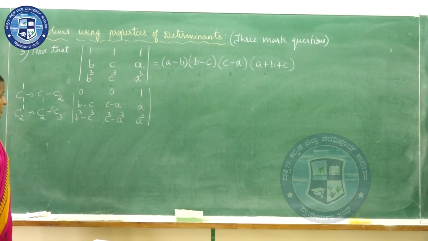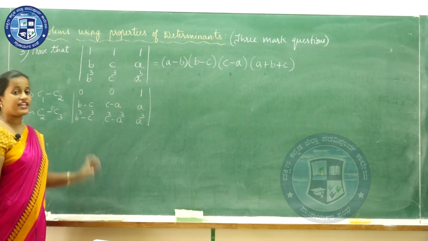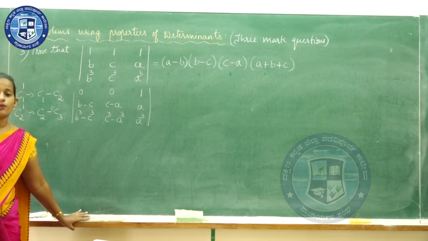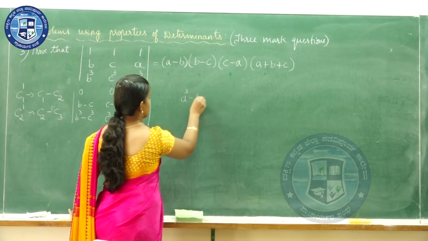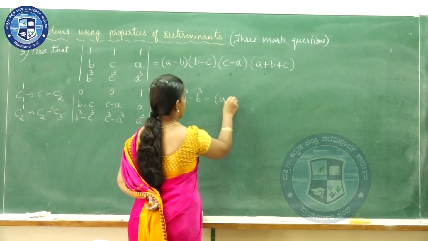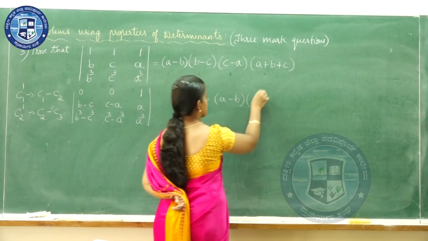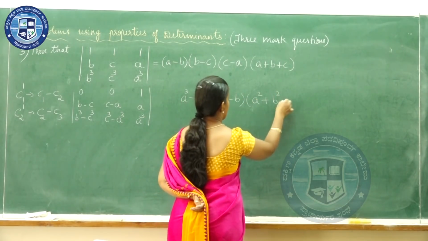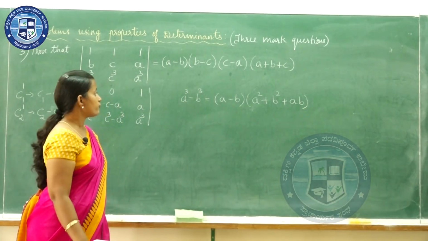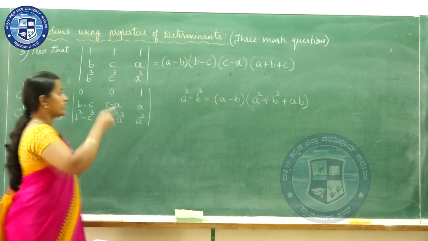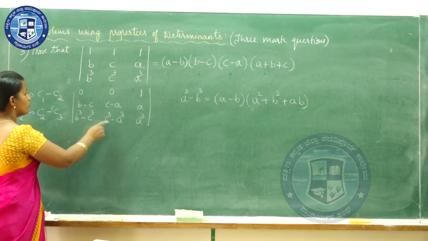Now you need to recall the formula of A cube minus B cube. What is the formula for A cube minus B cube? A cube minus B cube formula is (A minus B) into (A square plus B square plus AB). This is the formula for A cube minus B cube. So we need to use that formula in these two cases.